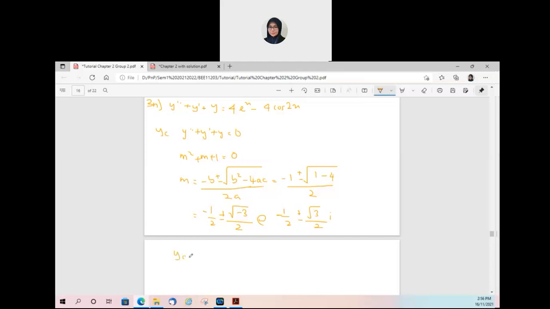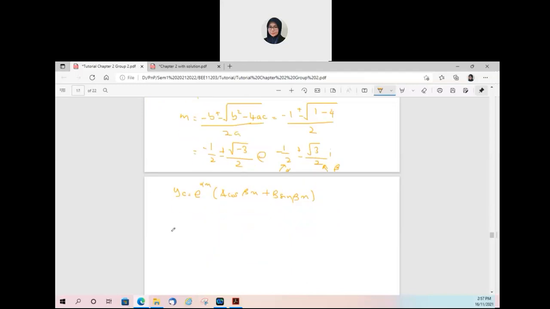YC akan jadi exponent, okay, alpha x, okay, A cos beta x, oops, sorry, plus with B sin beta x. Okay, so this is alpha, this is beta.